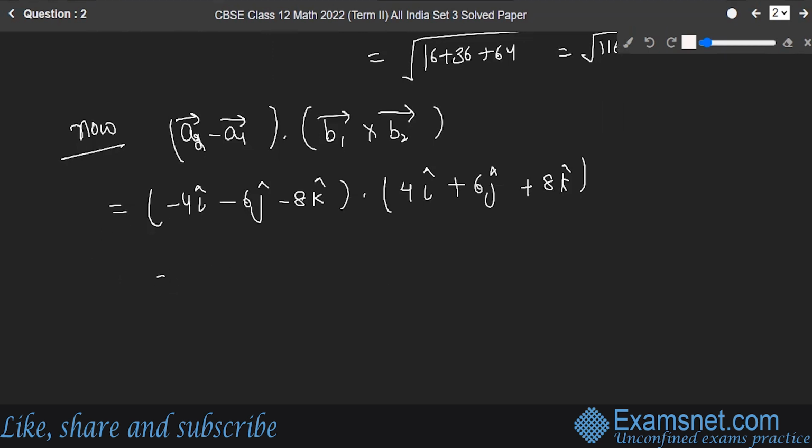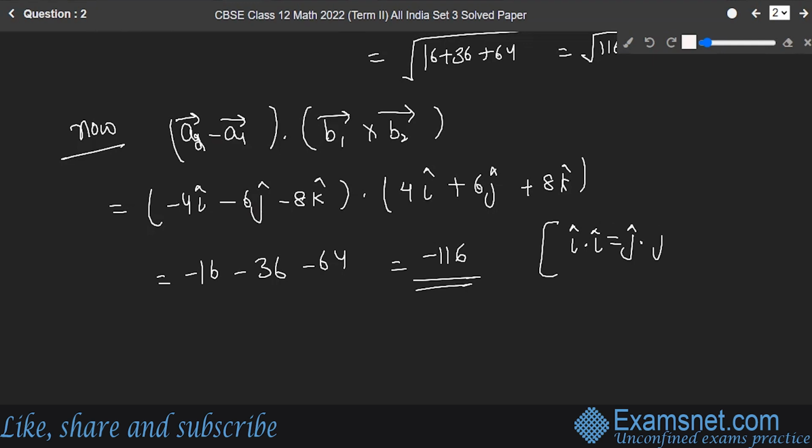This is equal to minus 16 minus 36 minus 64, which is equal to minus 116. Okay, know one thing, right? That dot product of two same unit vectors, i dot i, j dot j and k dot k, are all equal to 1.